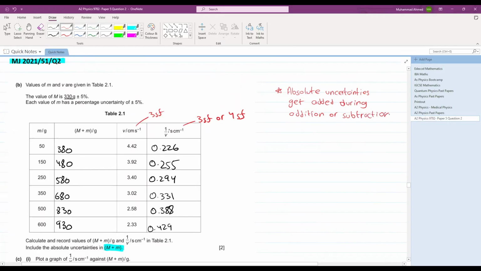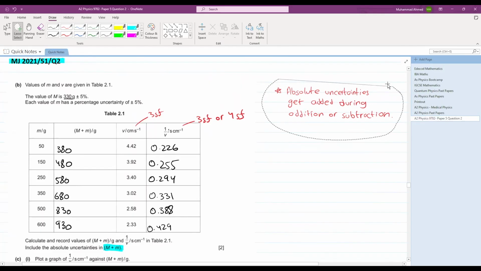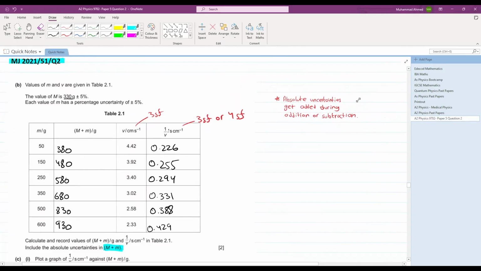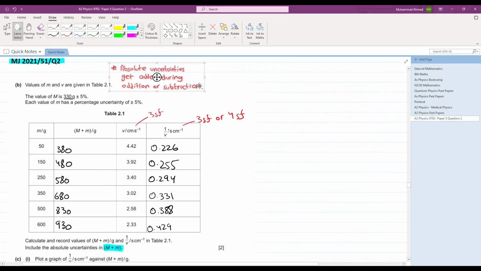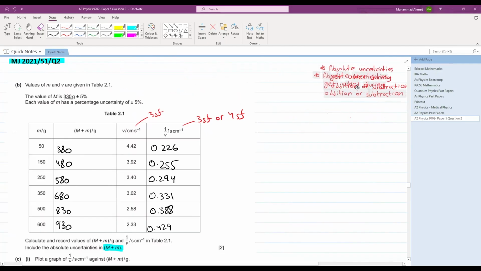What does this actually mean? Absolute uncertainties get added up during addition or subtraction. Perfect. So, what do I mean by that? Let's put the key point here, somewhere here. Now I have to calculate the absolute uncertainty in capital M plus small m.